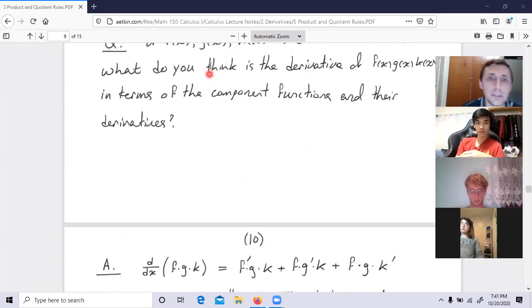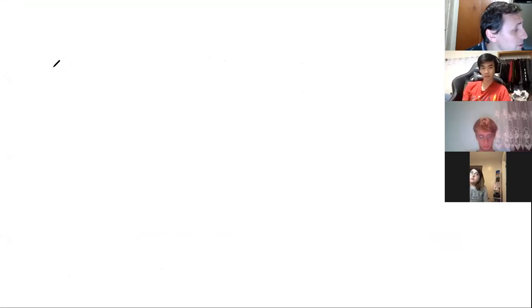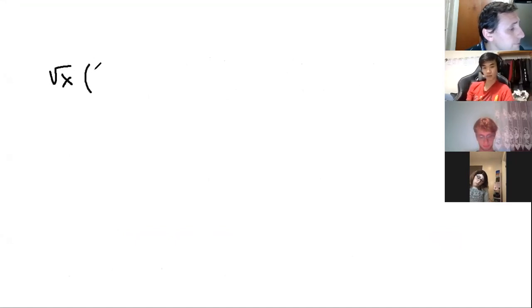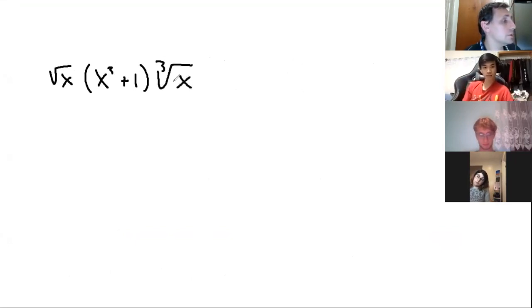So for example, let's quickly do one question here, guys. Again, we know so few functions that it's just terrible. But let's suppose we have root of x times x cubed plus 1 times the cube root of x.